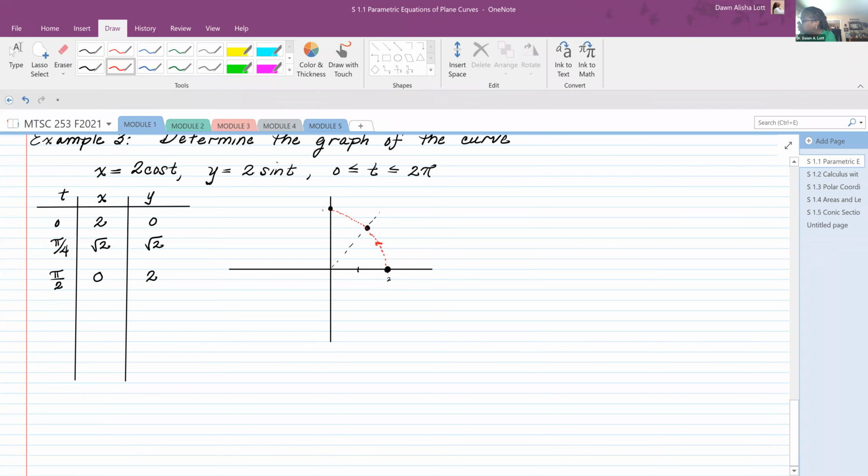And this one is going to keep going. That's kind of really ugly, but it should be a little smoother than that. Here we go. And this is going to trace out a circle of radius 2.